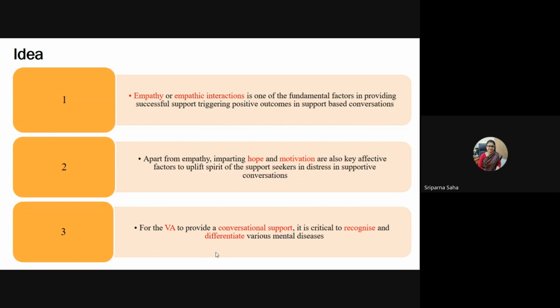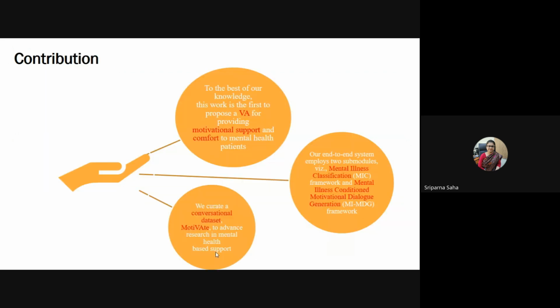For the VA to provide conversational support, it is critical to recognize and differentiate various mental diseases. To the best of our knowledge, there was no virtual assistant which can provide any motivational support to the support seeker. So what we did is that we developed two frameworks.